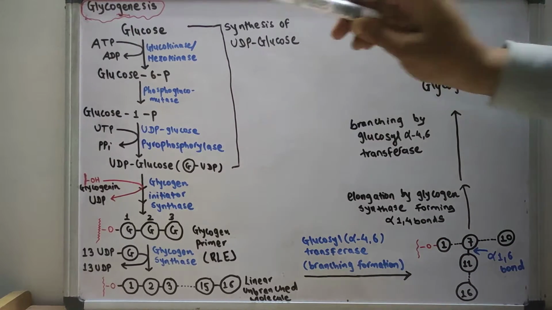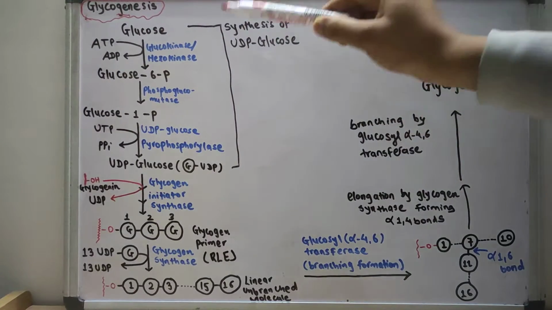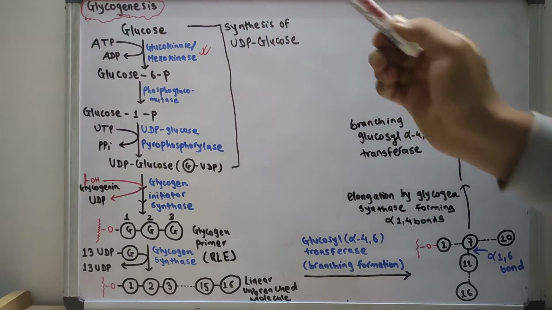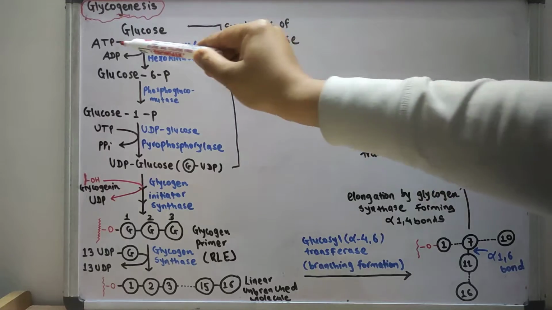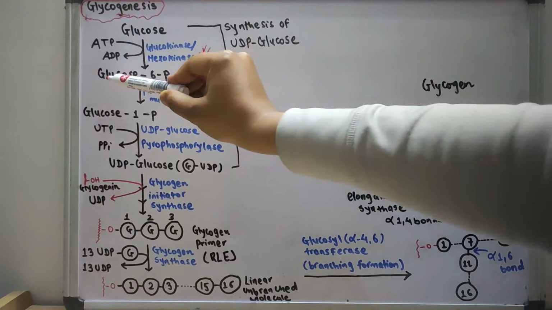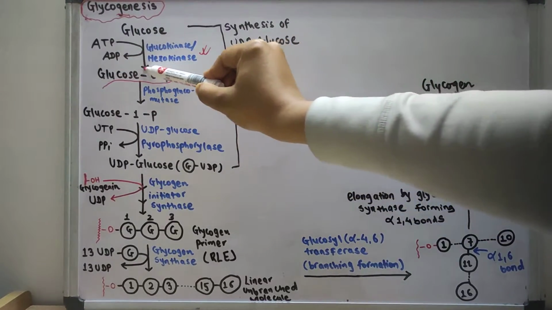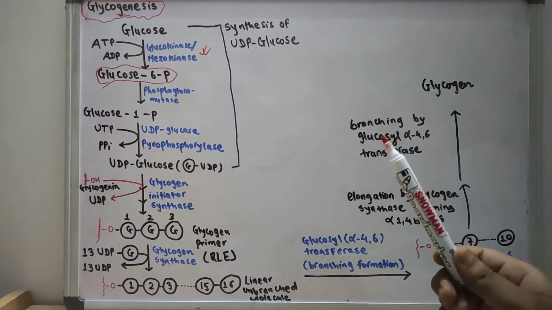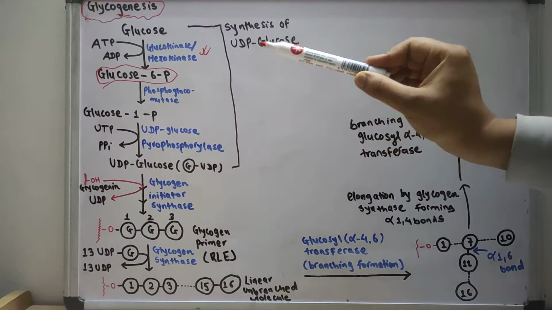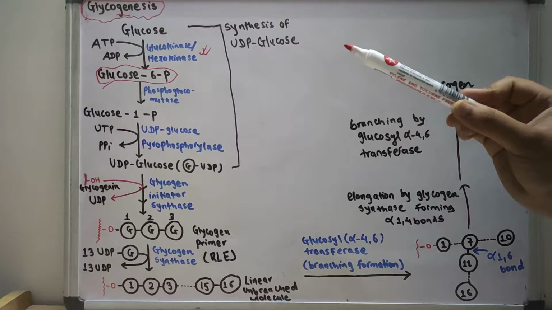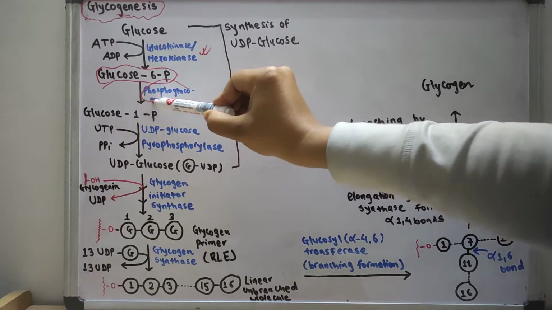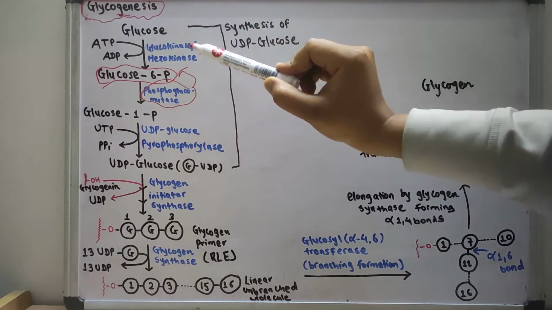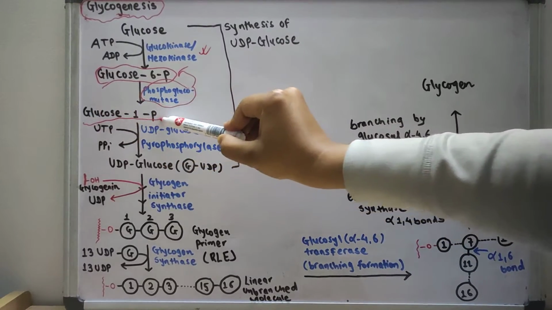Now when we have a glucose molecule, with the action of the enzyme glucokinase or hexokinase, with the help of ATP, we obtain a molecule of glucose 6-phosphate, and upon the action of phosphoglucomutase on the glucose 6-phosphate, we get glucose 1-phosphate.